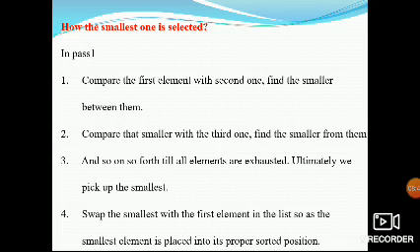So in the first pass we are understanding how we compare. We compare the first and second element and find the smallest one. Next, we are just comparing, not swapping here. Again we compare the smallest number with the third one and find the smaller. After finding the smallest one, we pick it and interchange it with the first one.